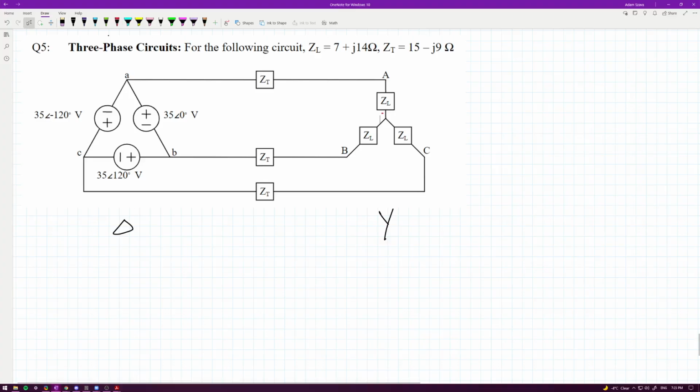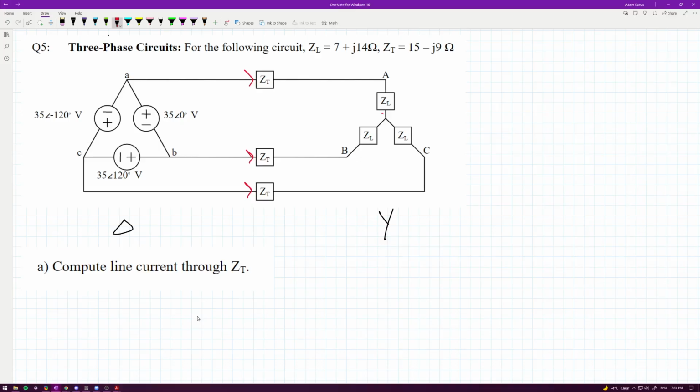The first thing we want to do is compute the line current through ZT. When they say the line current, which confused me a lot when I was doing these, I'm fairly certain they mean the magnitude of the line currents, because these are all the line currents going out, and there are three of them.